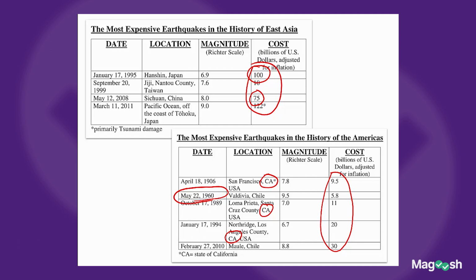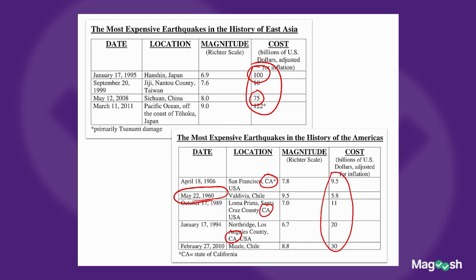But that earthquake cost $5.8 billion. So even though it was the strongest earthquake, it was not even close to the most expensive earthquake. The most expensive, as we noted earlier, was the 2011 quake at Tohoku in Japan.